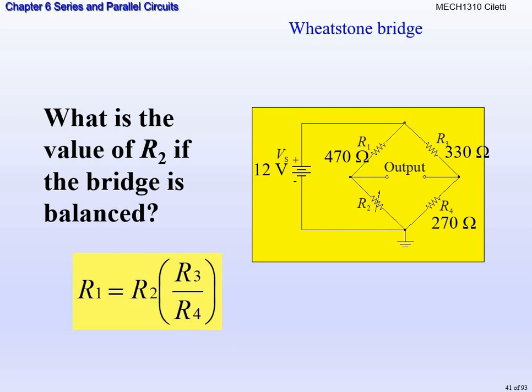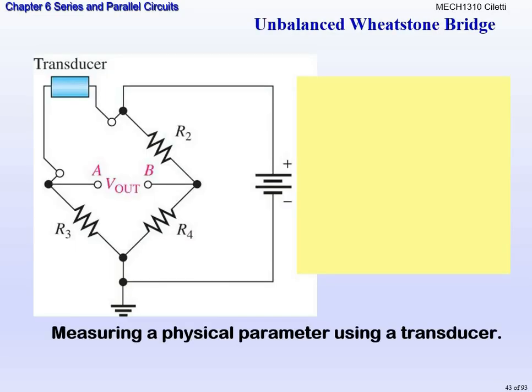Solving for R2, it ends up being R1 times the quantity of R3 divided by R4. So we can substitute our given values in, and you get 385 ohms. So you're going to take 330 divided by 270, multiply it by 470, and get 385 ohms.